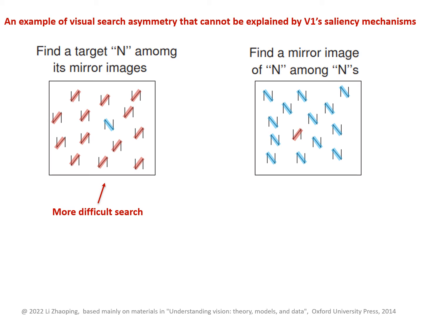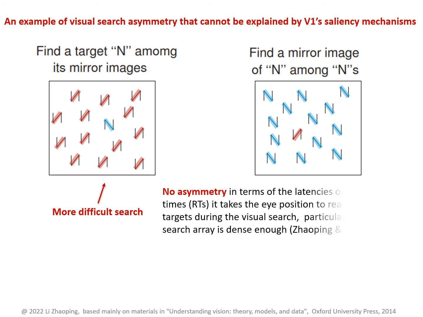These lines can obviously evoke V1 responses. The target has a uniquely tilted line in each image and should be salient by V1 mechanisms, since this unique line escapes the iso-orientation suppression. So the search should be easy and fast. The two types of tilted lines are mirror images of each other. In V1, this mirror symmetry is not broken. Then what causes the asymmetry in behavior?